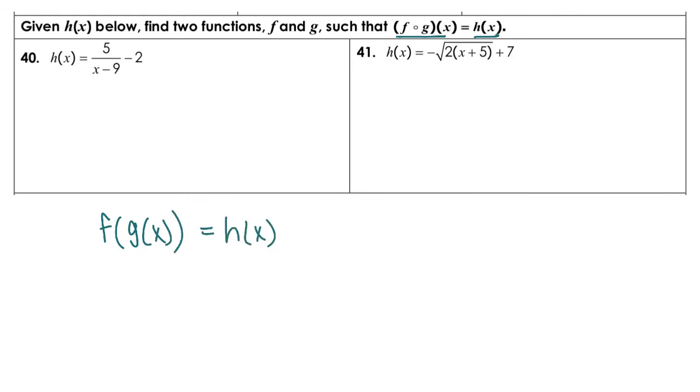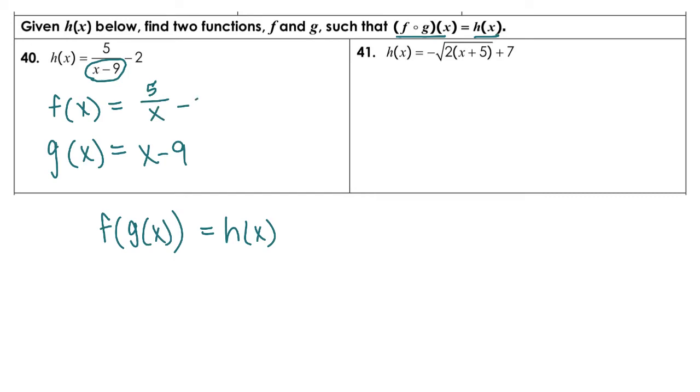And so what they're wanting you to do is try to figure out which one was f of x and which part was g of x. So g of x would have been the part that was plugged in. So I would think right there, that could have been g of x. And then that would mean that f of x would have been 5 over x minus 2.